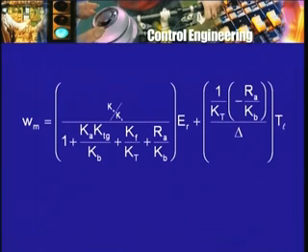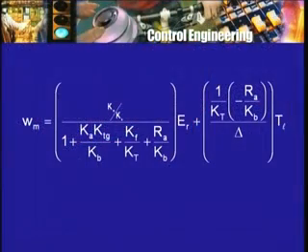So the bracketed expression is now, as we found out, 1 by Kt multiplied by minus Ra by Kb, divided by the same expression delta. So this is the complete formula now, giving you the speed of the motor in terms of the reference voltage and the load torque.